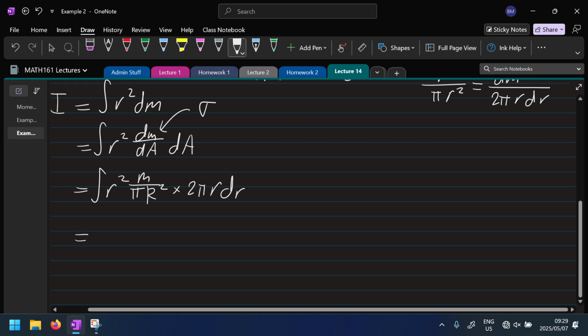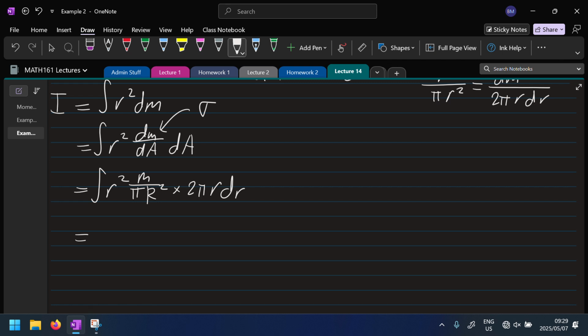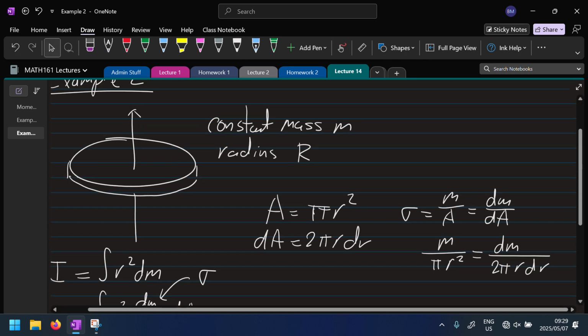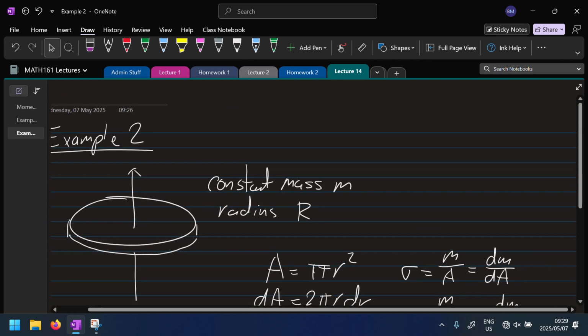So the pi at the top and the pi at the bottom will cancel. We've got a 2, we can take that out. And the m is a constant, we can take that out. So this is going to be 2m over R squared times the integral. What about the bounds now? So we've done all the substitution, so the bounds will be in terms of the radius.